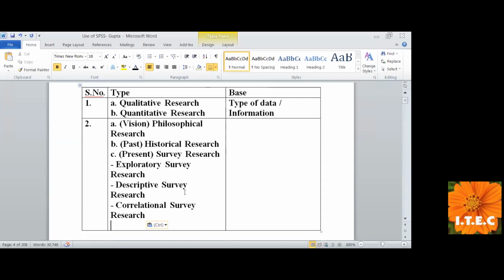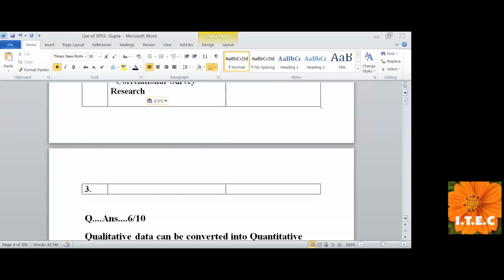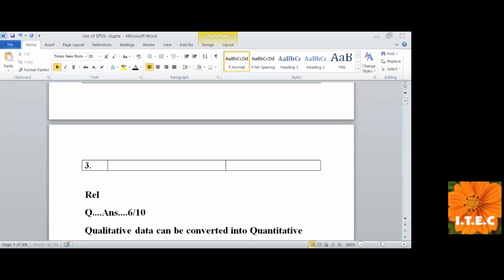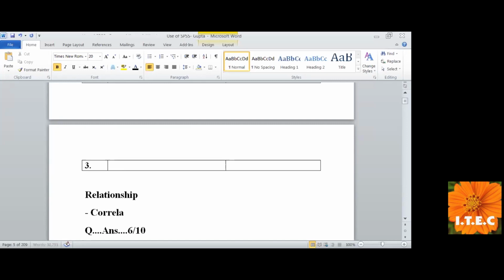My dear friend, correlation is a technical term. The general term is relationship. Relationship is a general term and the technical term is correlation. And another is association.